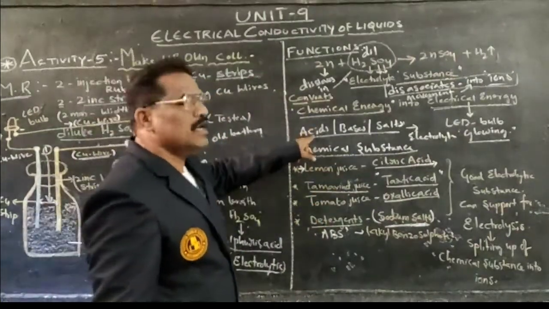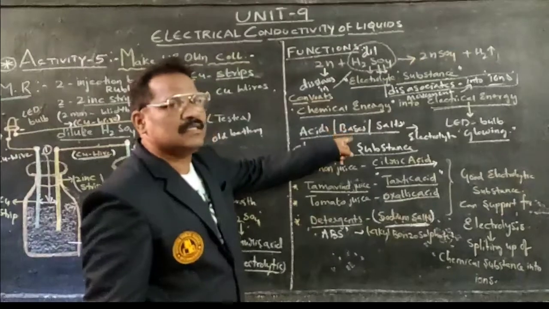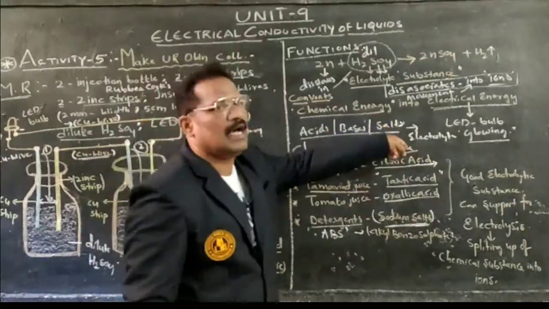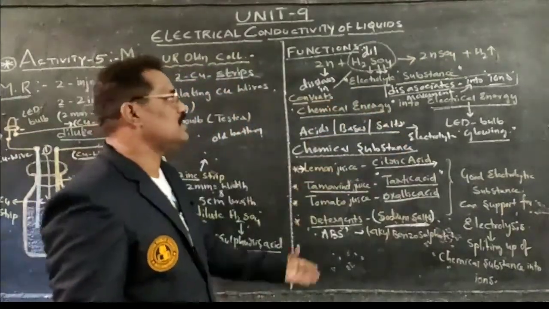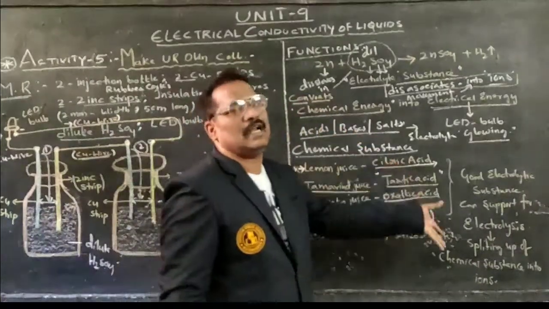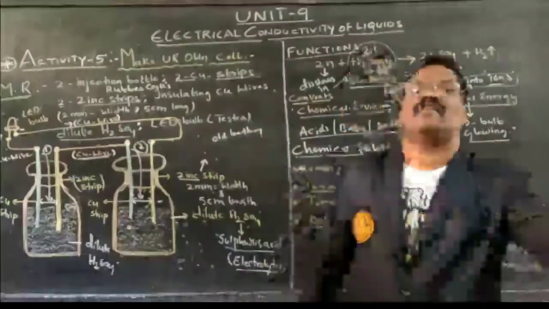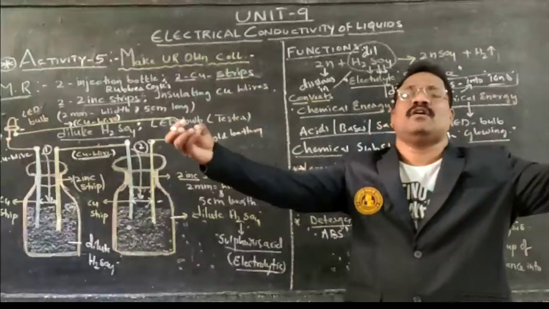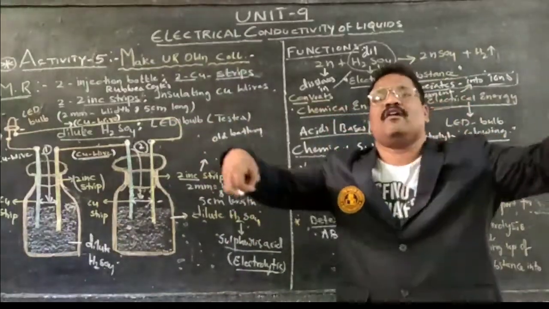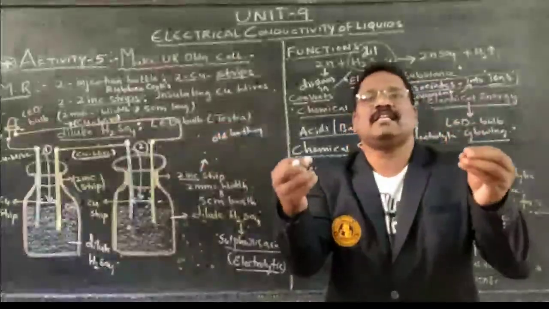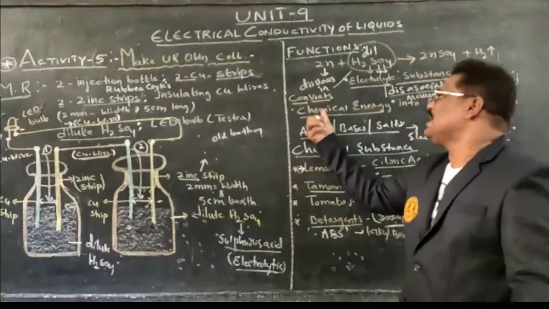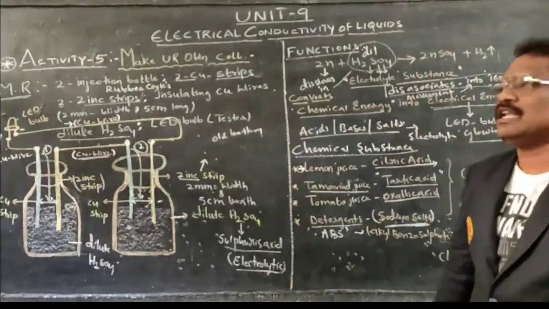Therefore, acids are good electrolytic substances. Bases are good electrolytic substances. Salts are also good electrolytic substances. Therefore, they conduct electricity. They can dissociate in the form of ions, and the movement of those ions produces electrical energy by converting chemical energy into electrical energy.